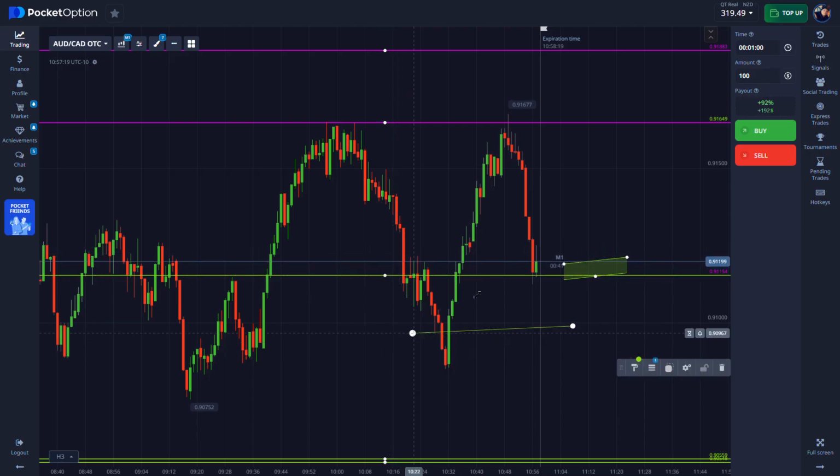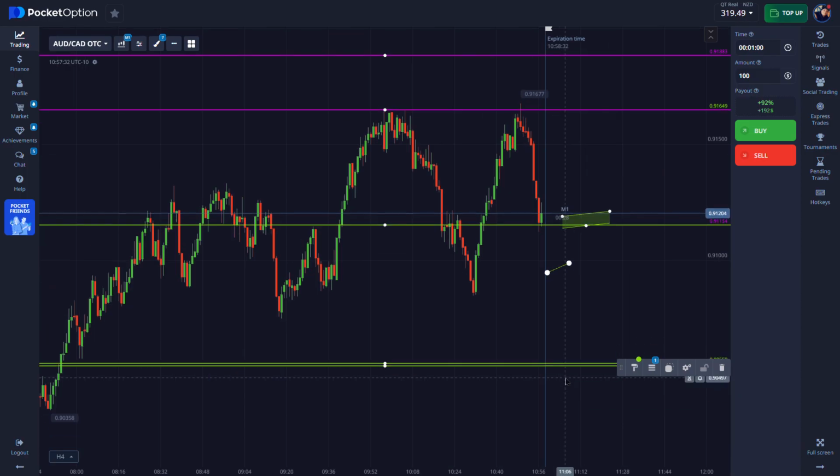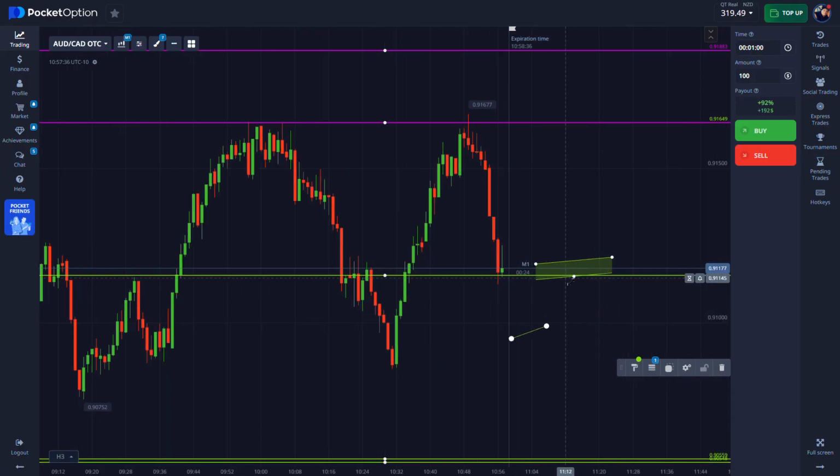Created a new low, equal low. Look for the candle to go down.